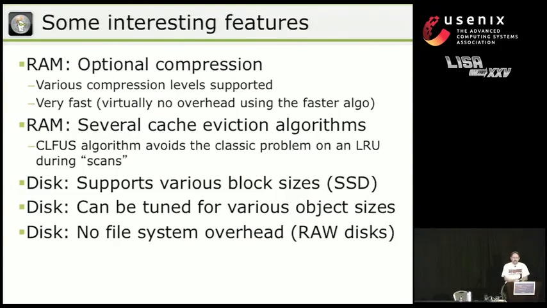Some other interesting features, I'm not going into all of these, but we have a fair amount of interesting cache features. The disk cache is extremely low overhead. It actually uses disk on the raw device, meaning it bypasses the file system. It also has an extremely low overhead on memory consumption, whereas Squid would use maybe 60 or 70 bytes of memory for every object in the disk cache.